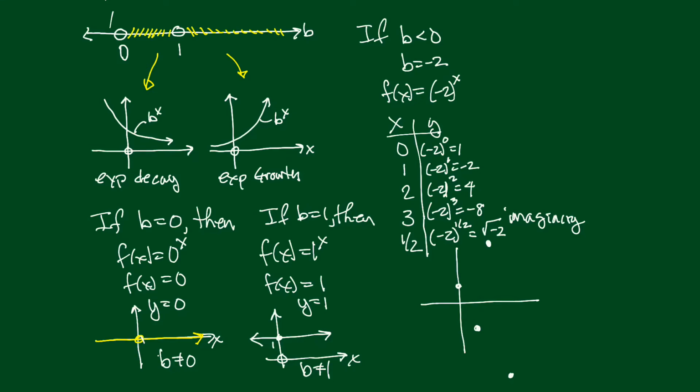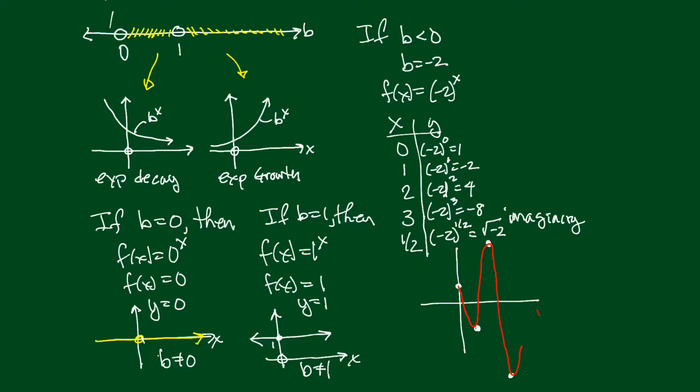Now I'm going to draw that curve back in here again. We thought it might have looked like this, right? We thought it went like this. But now we see that at some points it doesn't even exist. So if I come out to 1/2 and follow it down, there's a blank there.